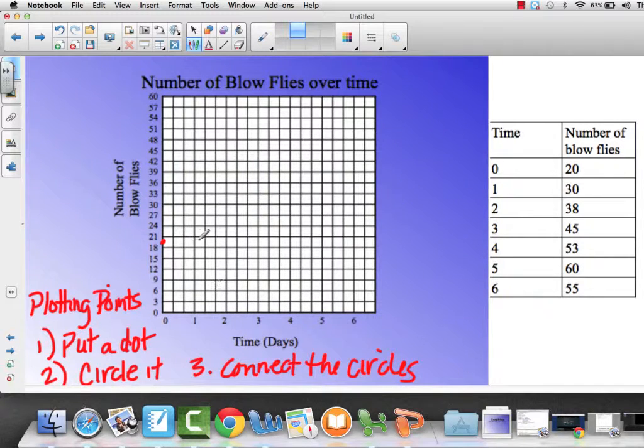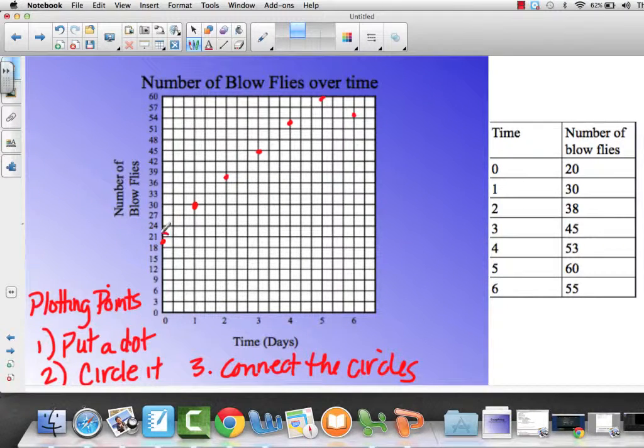Then I've got 1 and 30. 2 and 38. 3 and 45. 4 and 53. 5 and 60. And then 6 and 55.